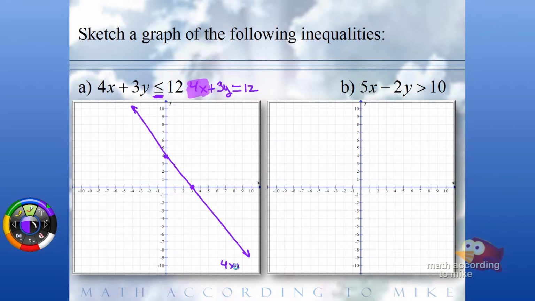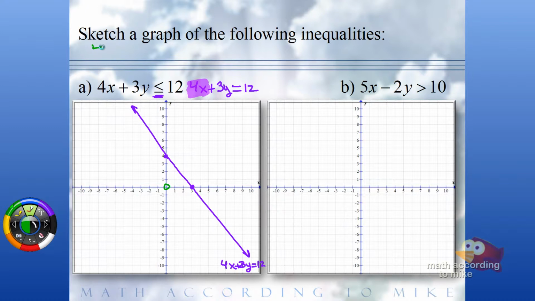We'll need that soon. Okay, so now we pick a point, any point that's clearly not on this line. The most common point to pick is 0, 0. Notice for this line, 0, 0 is below the graph.